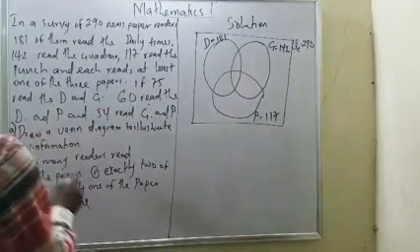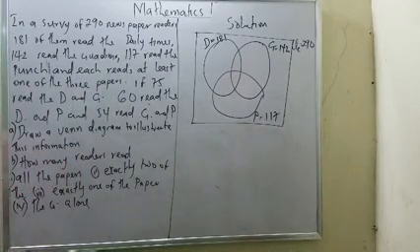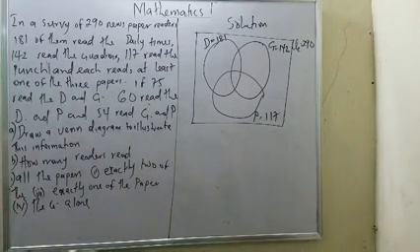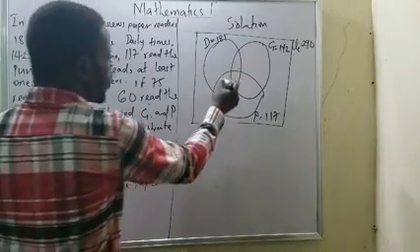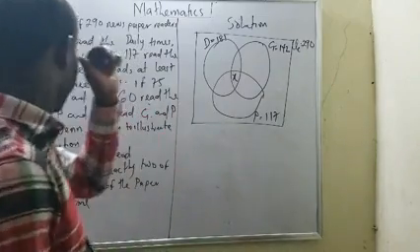That is the first thing. Now I've solved to this level, and each reader reads at least one of the 3 papers. Let's call it, we don't know it, just put X here.